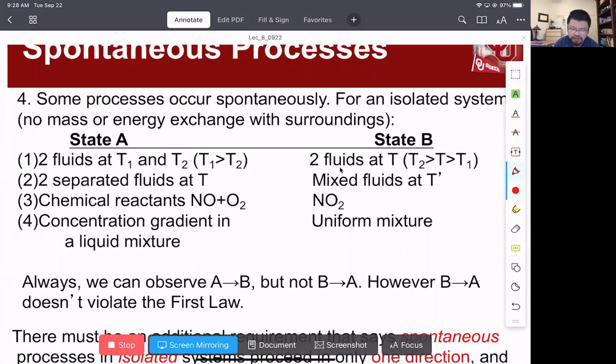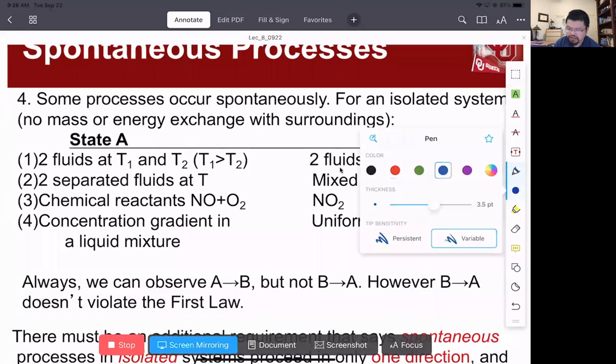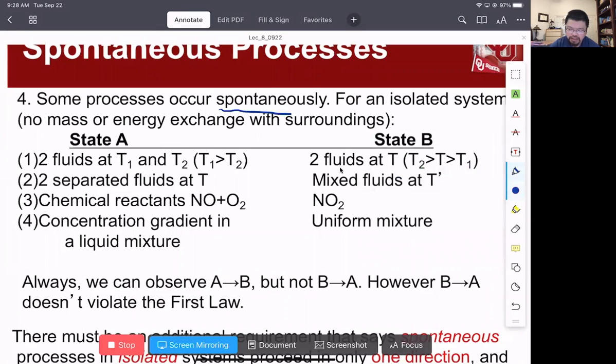So when we are looking at those processes, we try to look at them as spontaneously changing, so without any further assistance from outside, once we put, for example, the two fluids together, then we try to leave the system and let the system decide what would be the change or the direction of the change.